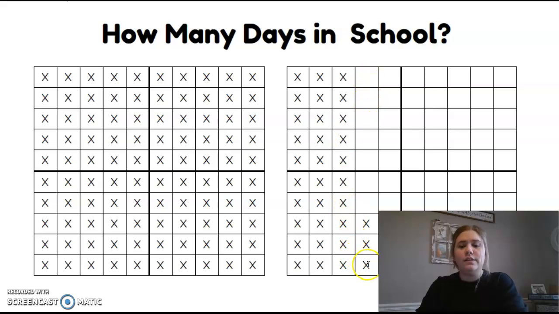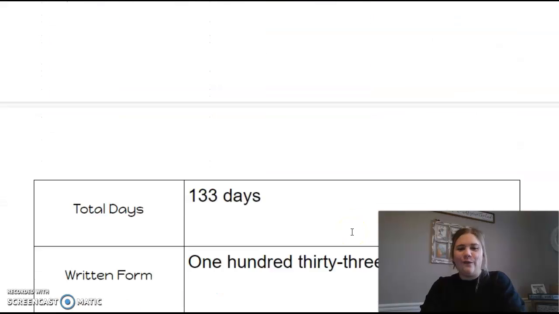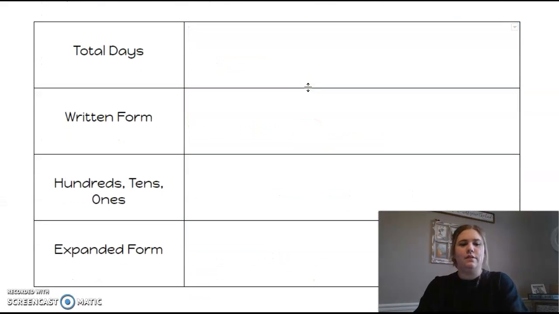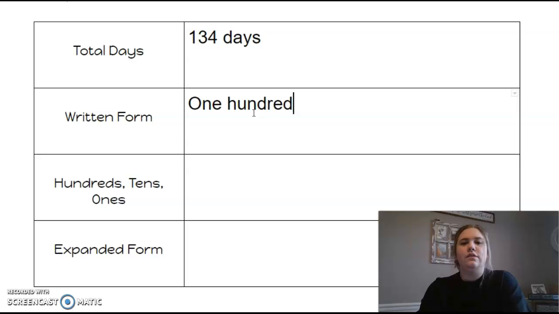Now we have to count by ones. 131, 132, 133, 134. So we have 134 days. If we have it in written form, it looks like this. 134 days.